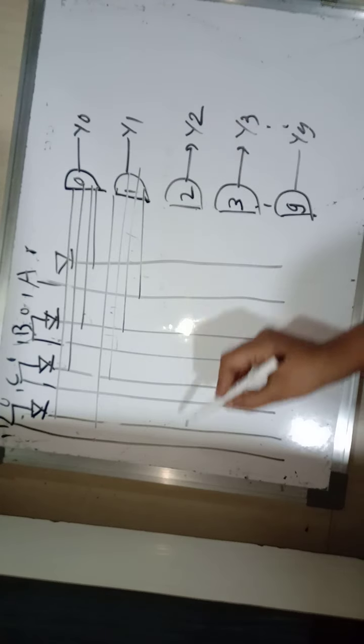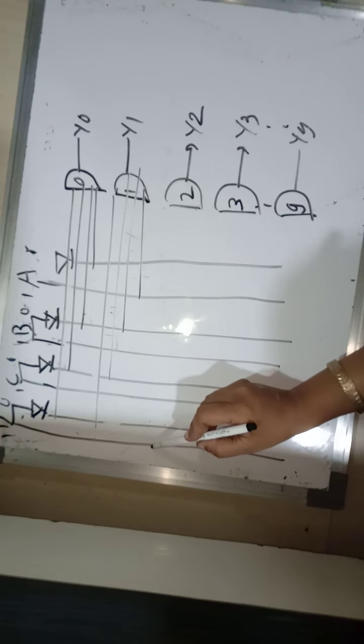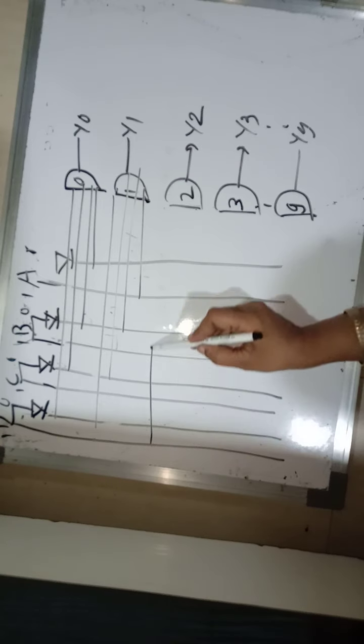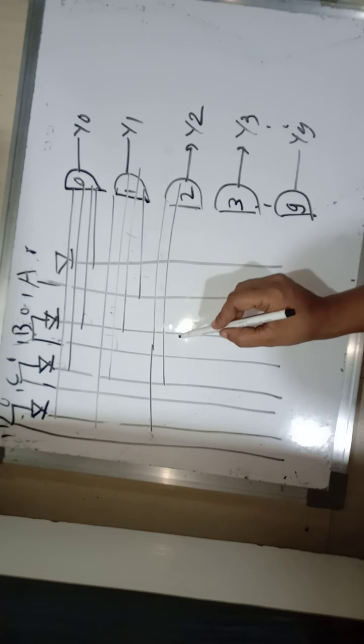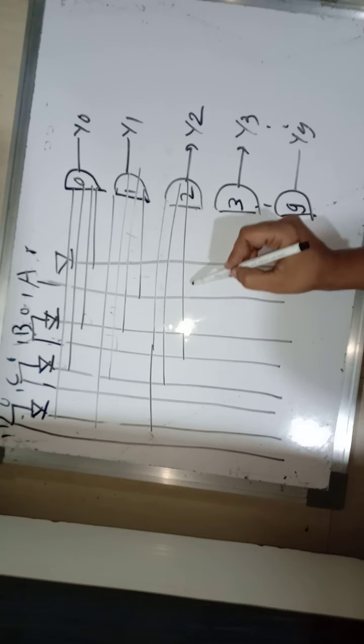If 2, 0 0 1 0, so we can connect here this 0, then this 0, now this is 1 and then this is 0. Likewise you can connect 3 up to 9. So these lines can be connected here with the help of these different kinds of AND gates.